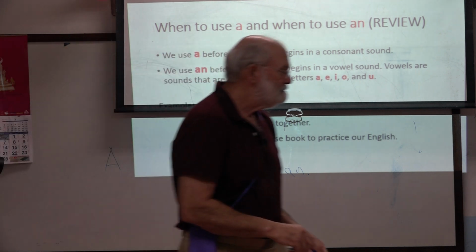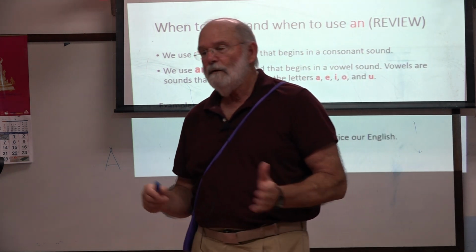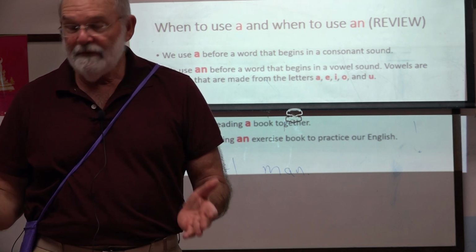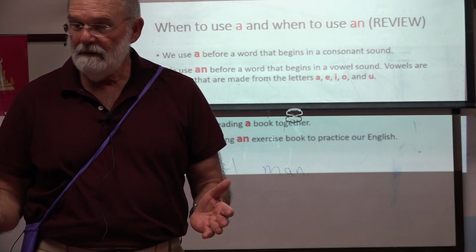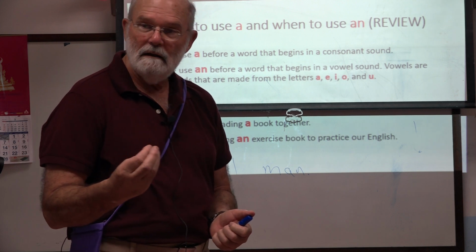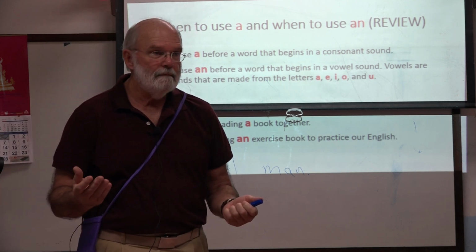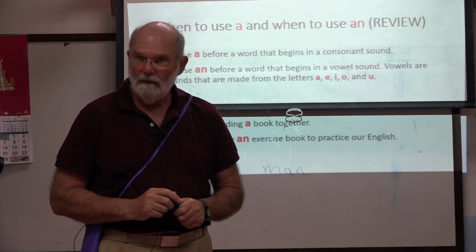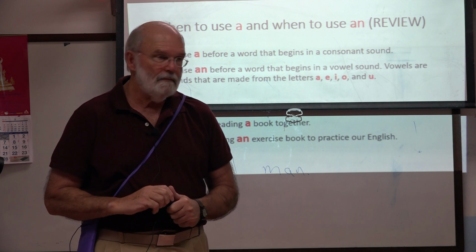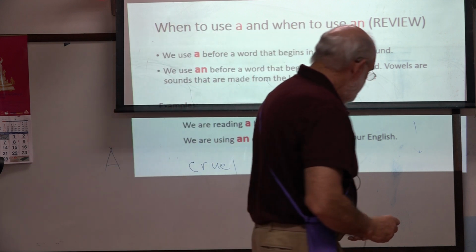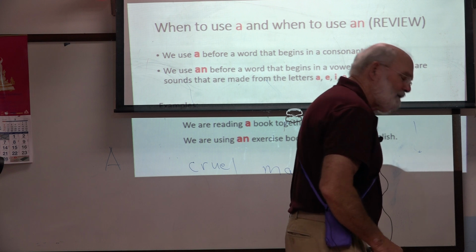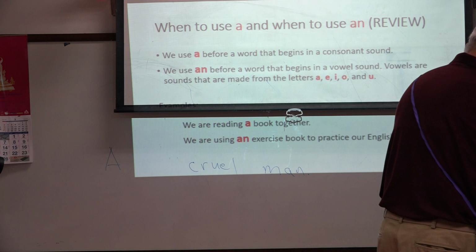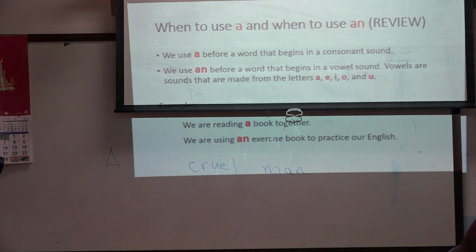So a or an in front of indefinite nouns, and we use the in front of nouns that are definite, that are special, that are particular. Okay? Simple rule. Simple rule. Let's practice it. Okay? We'll see if you're on the ball this morning.